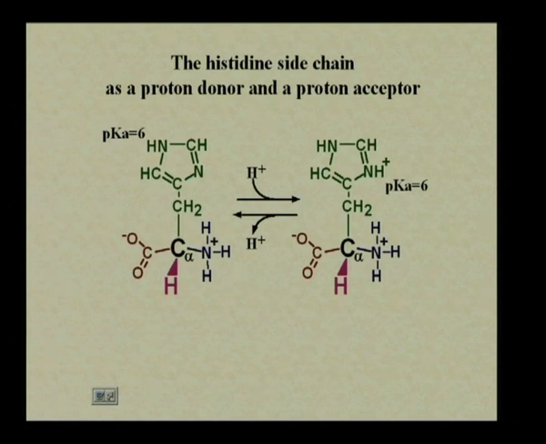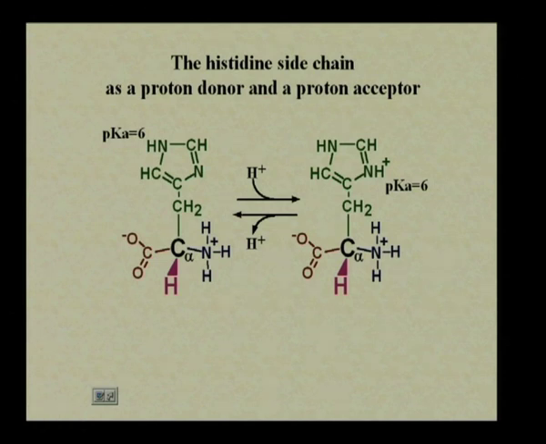Now, apart from what is here, which we will be studying in a moment, the ionization of amino acids, at this particular point, I can protonate this nitrogen to form NH plus. It can also deprotonate to form this back. So, this is an equilibrium. Now, this equilibrium occurs at a pH between 6 and 7.